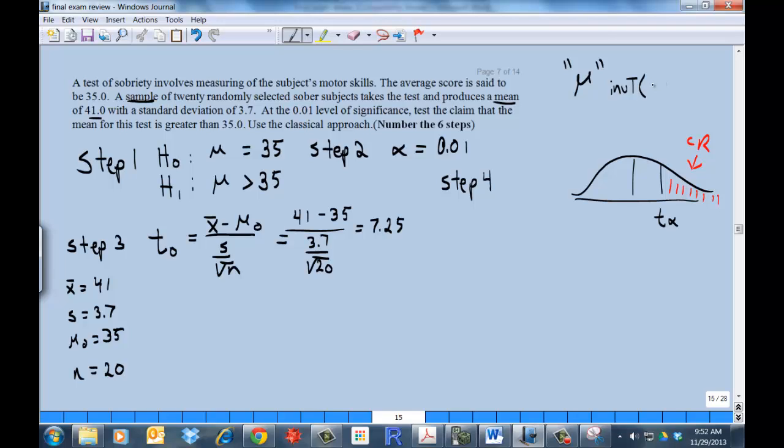And for inverse t, the arguments are just alpha and degrees of freedom. So alpha is 0.01, and degrees of freedom, remember, is the sample size less 1. So 20 minus 1 gives you 19 degrees of freedom. And when we enter this into the calculator, you should get 2.54. And we know that the t-score is going to be positive because it's to the right of the mean, to the right of 0.